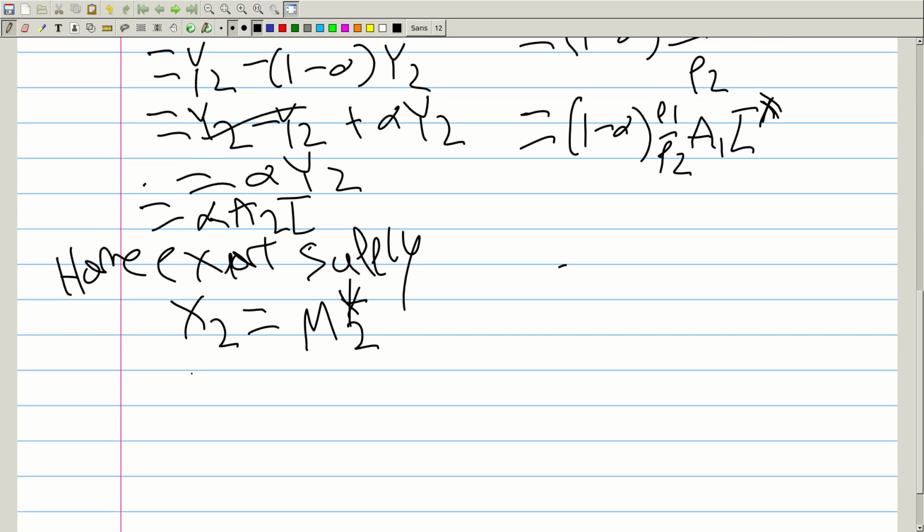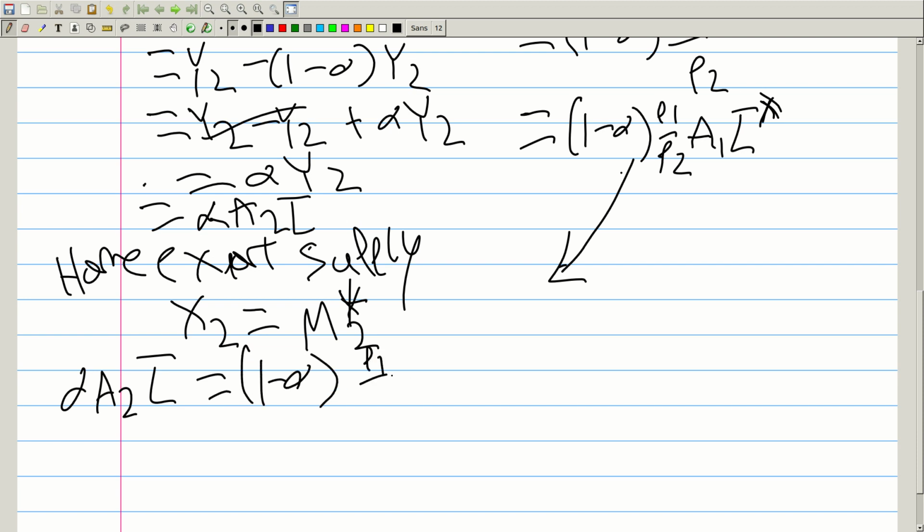So what's x2? It's just alpha times A2 L bar, and this is equal to 1 minus alpha times P1 over P2 times A1 times L bar star.